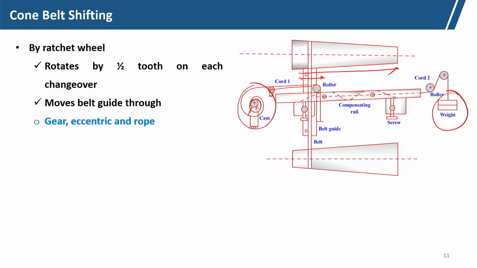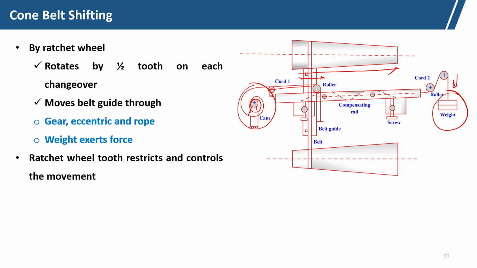So, gear, eccentric and rope arrangements are there. The weight exerts force, which helps to pull the belt guide. The ratchet wheel's function is to restrict and control the movement.